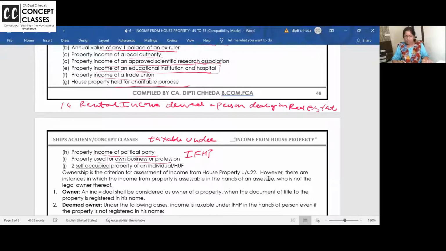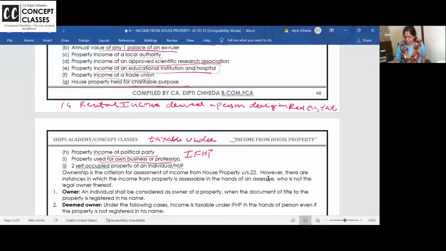Property used for own profession. You remember the partition problem? 25% self-occupied, your own house. 50% let out. And the remaining 25% you are using for your own business. So if you use it for your own business, individual and HUF, you are not going to tax it in the third column.